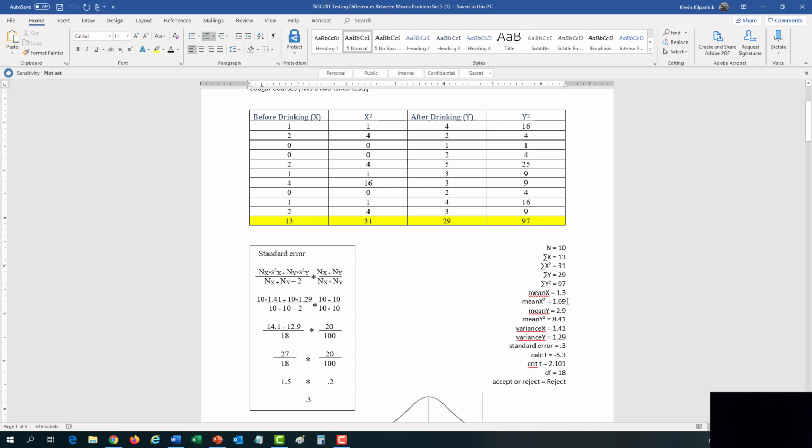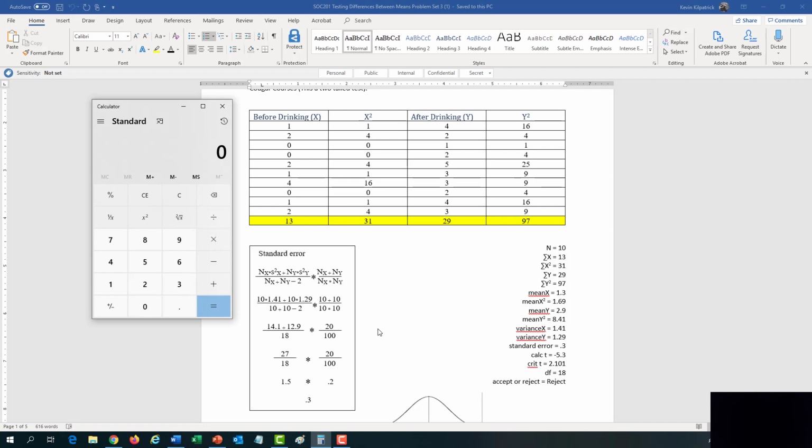So 3.1 minus 1.69 is 1.41. Let's just see if that really works here. 3.1 minus 1.69 equals, hey, how about that? 1.41, and there it is right there.